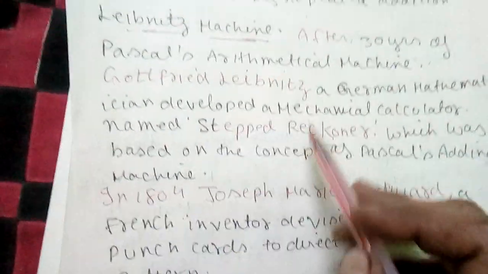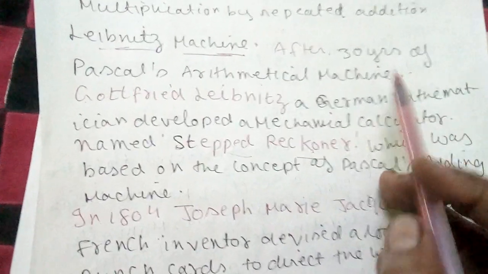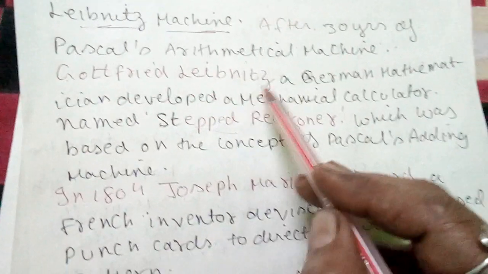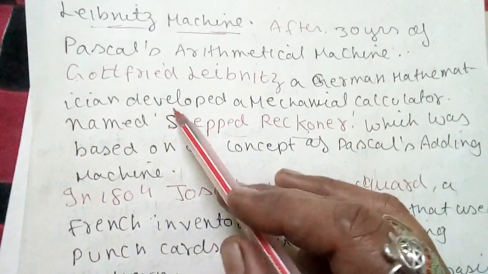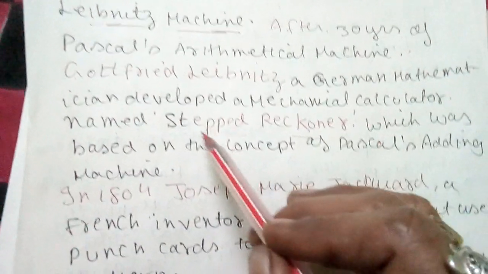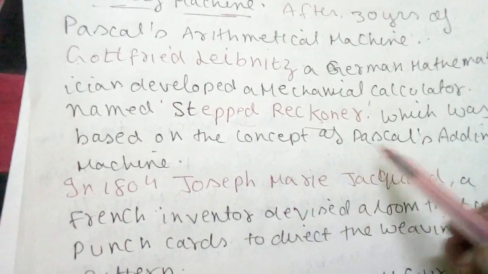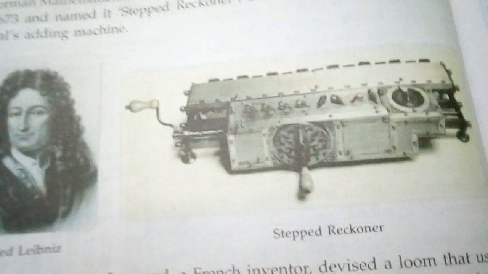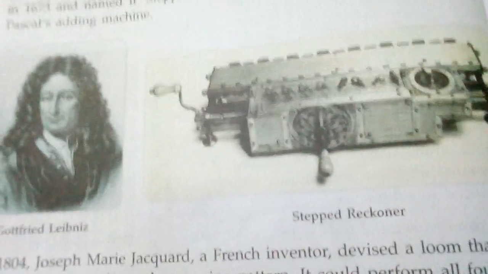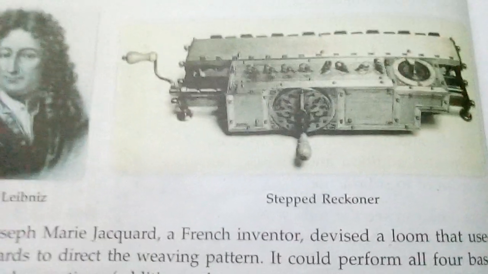So, once again I am repeating, Leibniz machine. After 30 years of Pascal's arithmetic machine, Gottfried Leibniz developed a mechanical calculator named stepped reckoner, which was based on the concept of Pascal's adding machine. So this is the image I am showing. This is the stepped reckoner which was developed by Gottfried Leibniz.